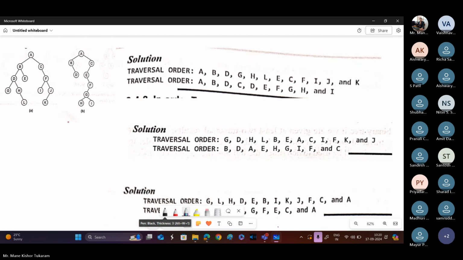Okay, so here this is the particular binary tree. Okay, so now we have just used the pre-order. So this is the pre-order, this is the in order, and this is the post order.